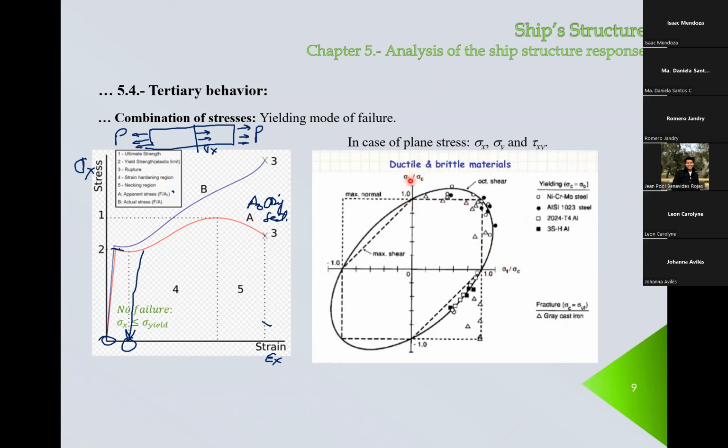Sigma 1 and sigma 2, remember, are the principal stresses using Mohr circle. That's something that you studied in solid mechanics. Now, here, I'm showing you 3 theories. One theory is the maximum normal stress theory, this one here.